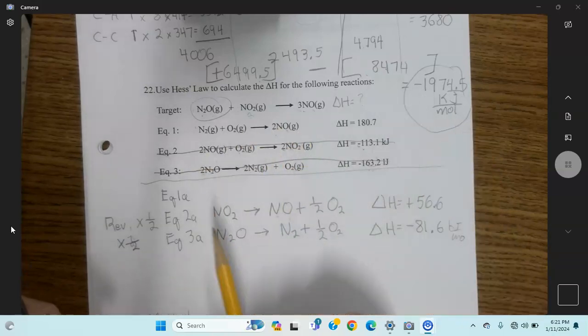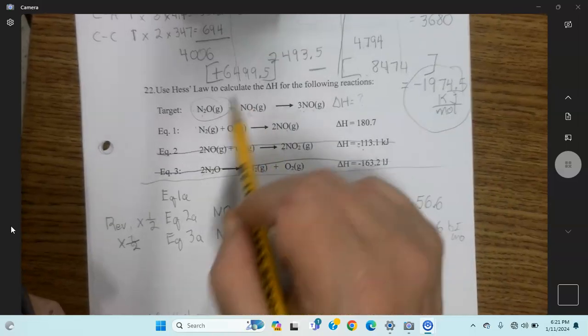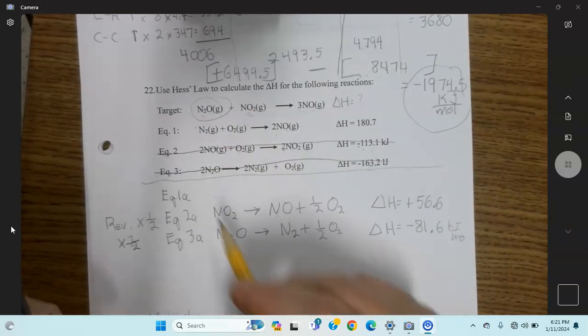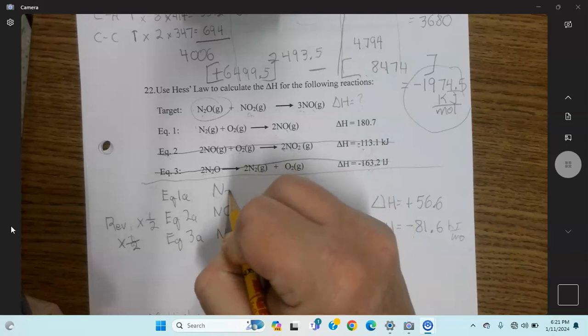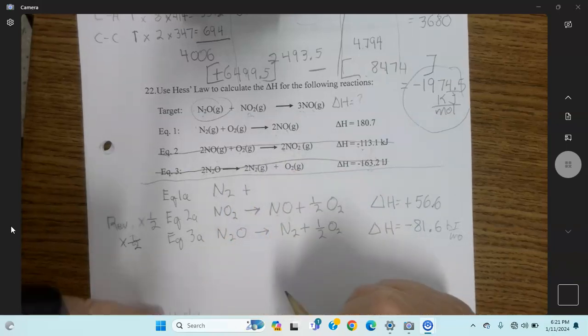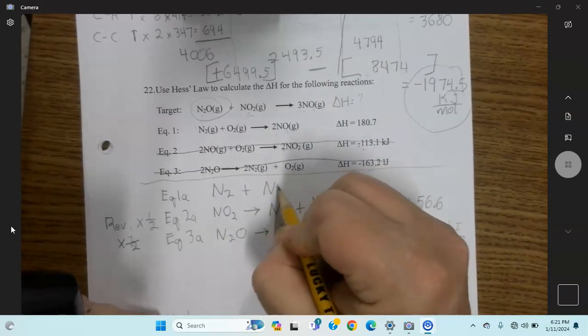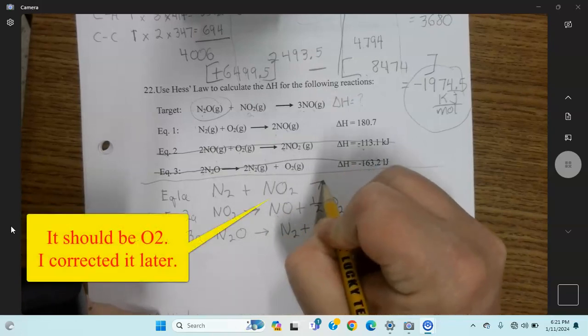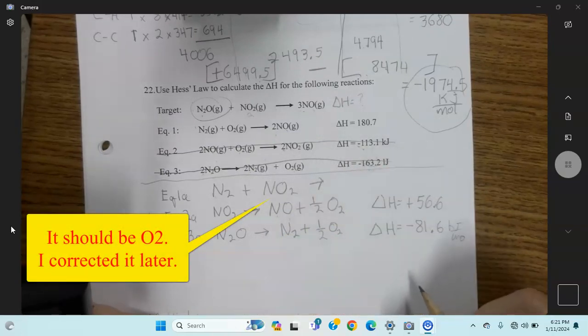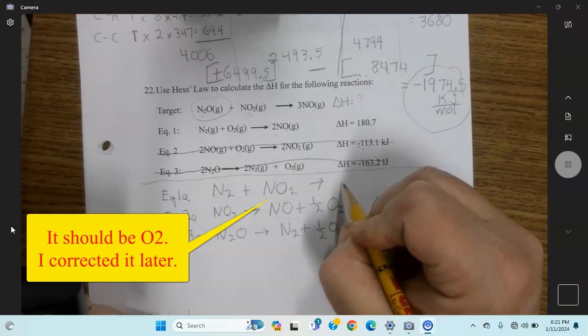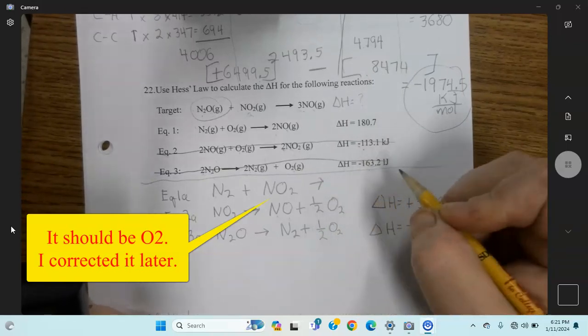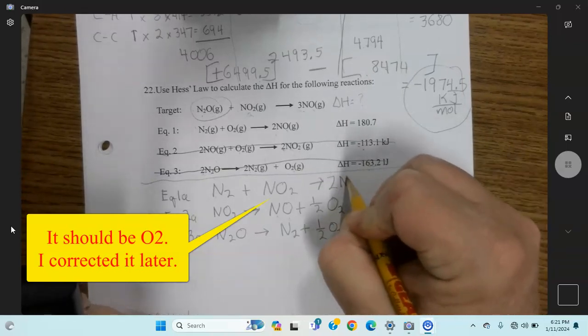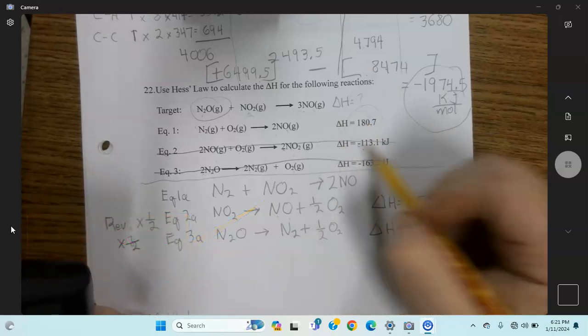So I'm going to go ahead and write it down here. I want to rewrite it because I don't want to use these equations anymore. So we've got N2 plus NO2, okay, and that goes to 2NO. And that means we don't change this at all.